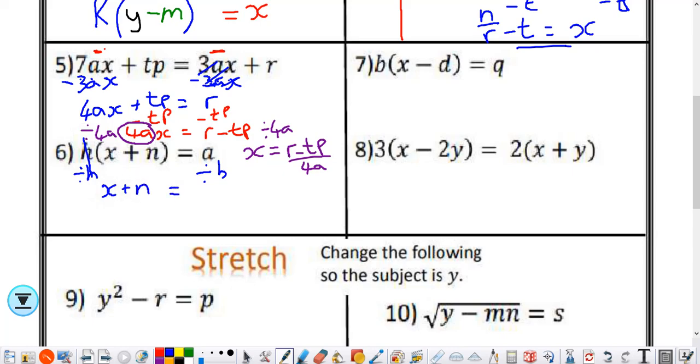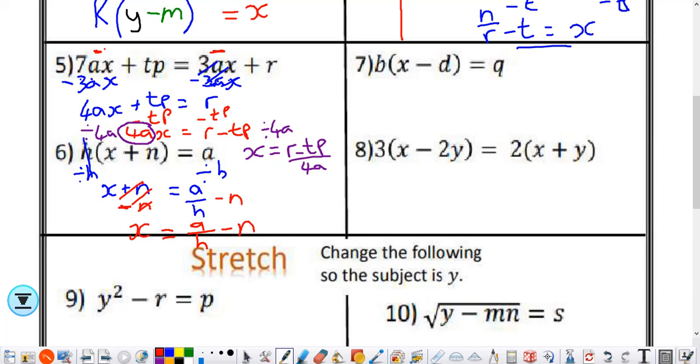On the right hand side of the equation I've got a divided by h. If I now try and get rid of the n, remember I'm doing the inverse, the opposite, to cancel it. Plus n, take away n gives me nothing, so that cancels and just leaves me x. And on the opposite side I've got to do the same, so I take away the n, so I've got a divided by h minus n, and that's my question 6.